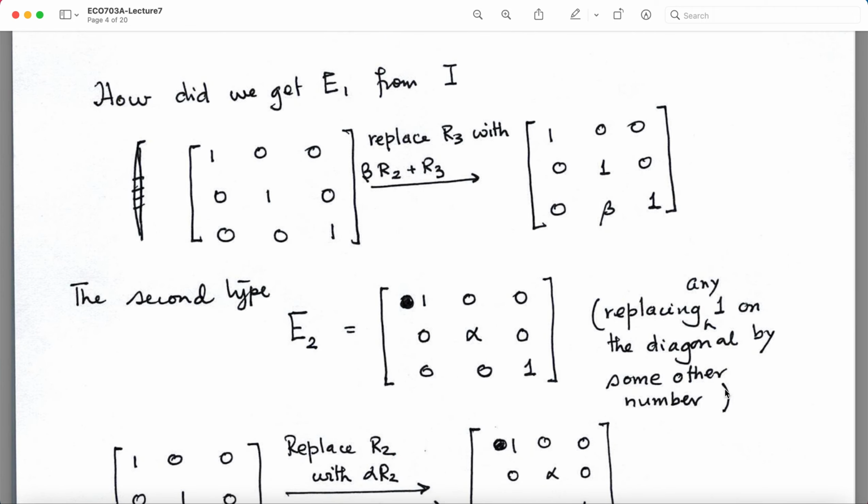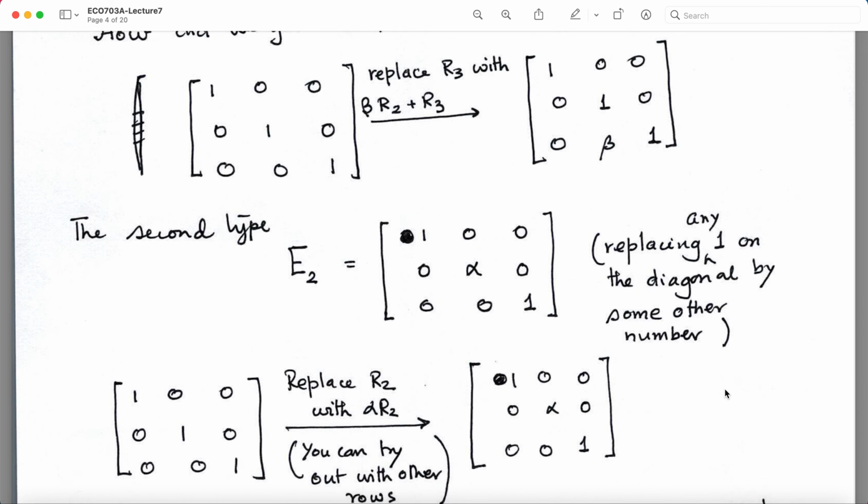The second type is replacing 1 on the diagonal by some other number. Negative, positive, doesn't matter. So basically you multiply R2 with alpha and replace R2 with that new vector.